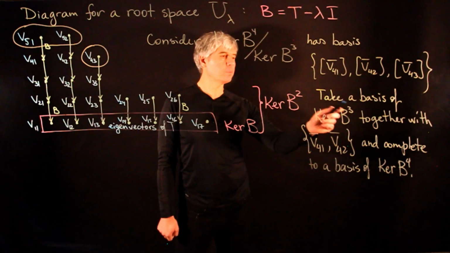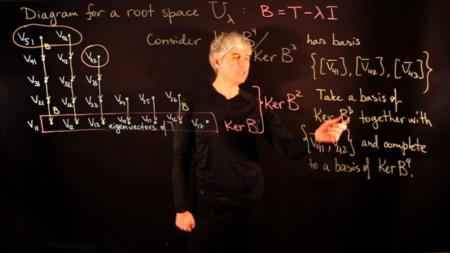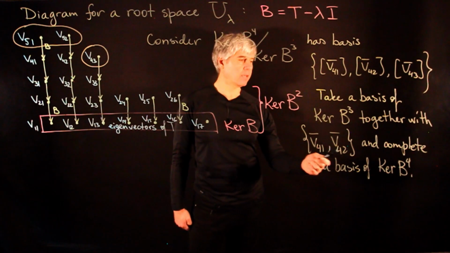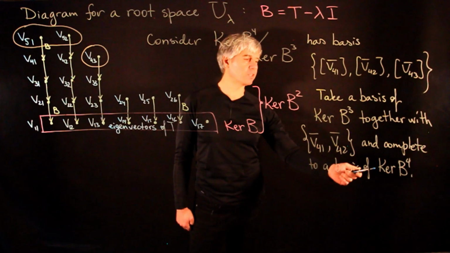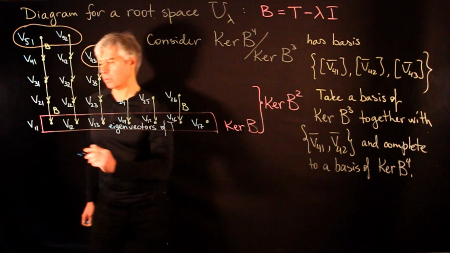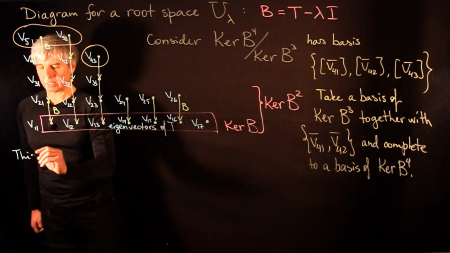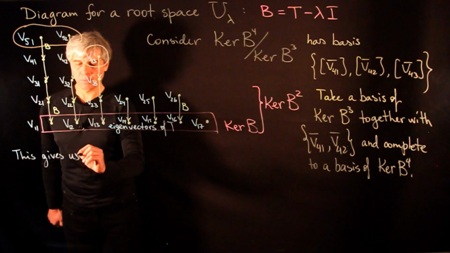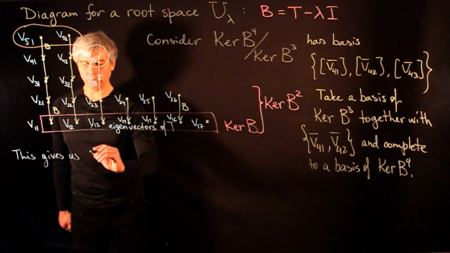Here, the kernel of b cubed has dimension 16 plus 2 more vectors. This will give us an 18-dimensional space. And we're completing this to a basis of a 19-dimensional space. So this gives us one extra vector. And this vector will be v43.